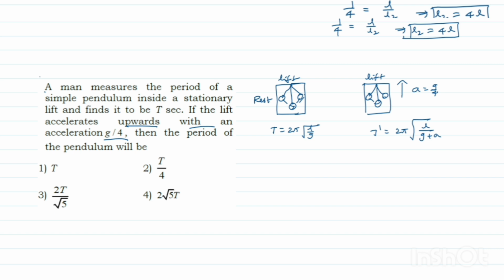If the lift accelerates upwards, this value will be g plus a. Now you can calculate this value as T dash equals 2 pi into root over L by, here, if the lift accelerates upwards with an acceleration g by 4.